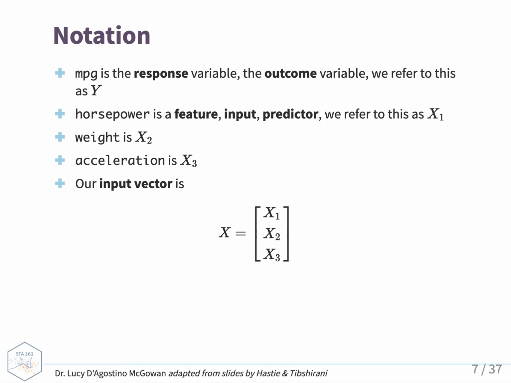Our input vector, our vector of features, looks like this: x equals x1, x2, x3. And our model is y, which is miles per gallon, equals f of x, some function of this input vector, plus epsilon, our error.